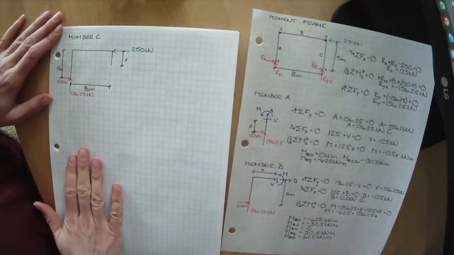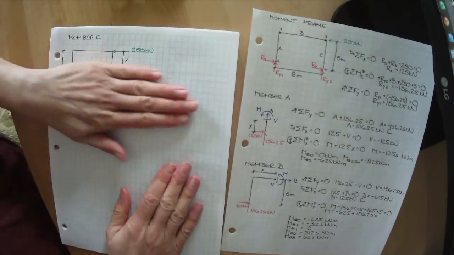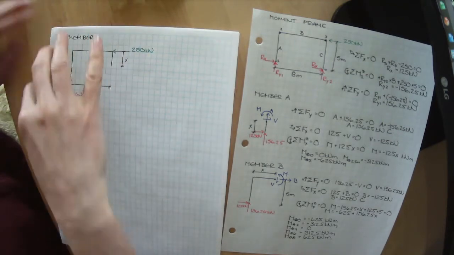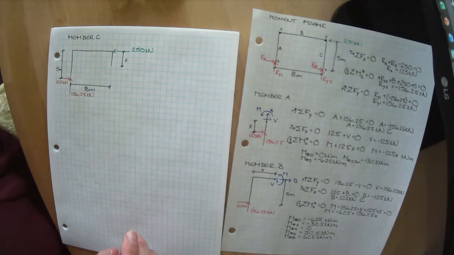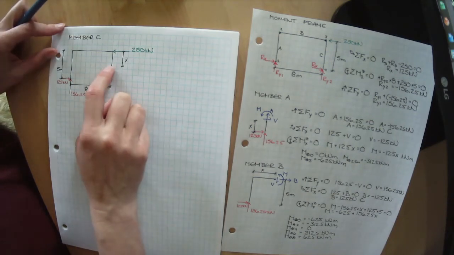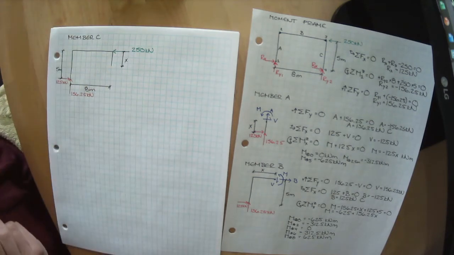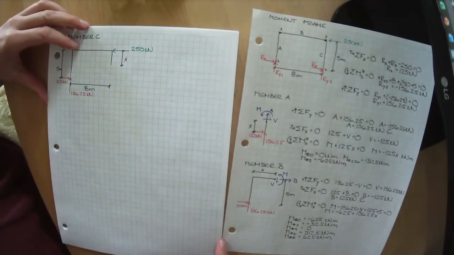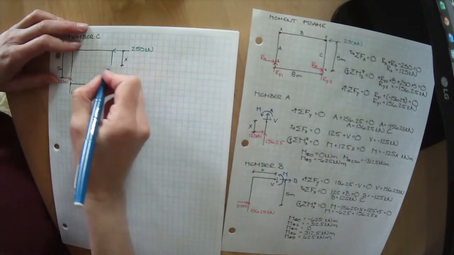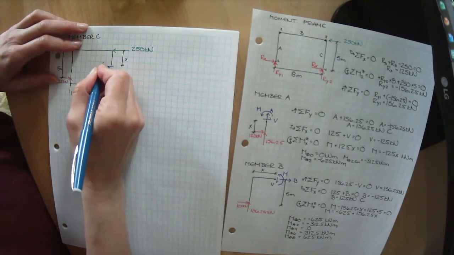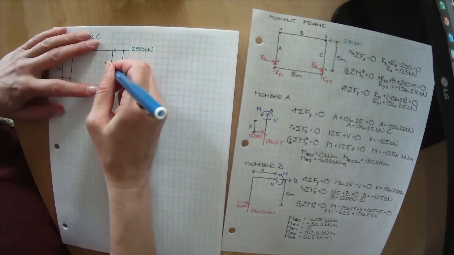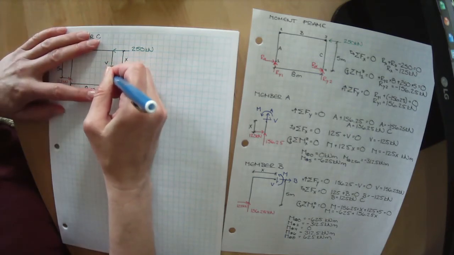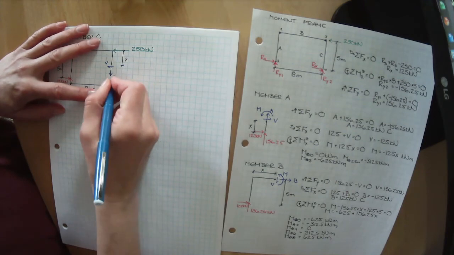This thing isn't moving up and down, sliding back and forth, or spinning in space. So there must be internal forces in this member that stops that from happening. We don't know what those values are, but we can draw some placeholders to try to determine what they are, or what it takes to make sure this thing doesn't move.